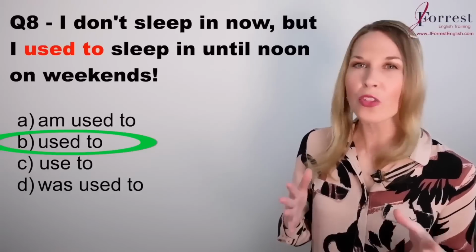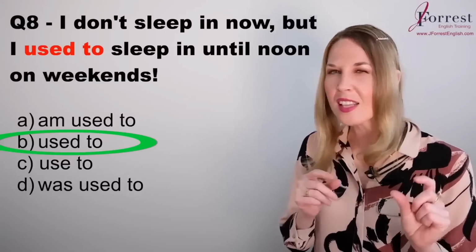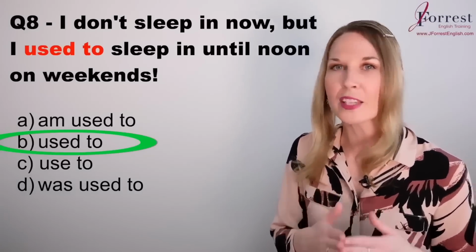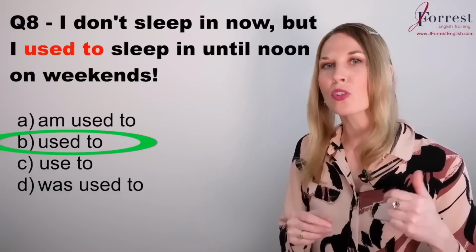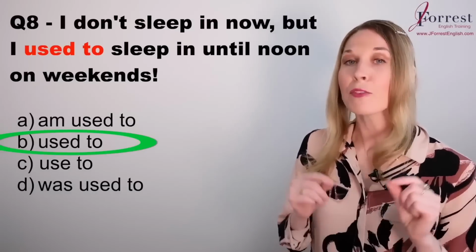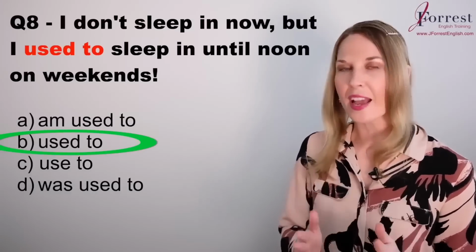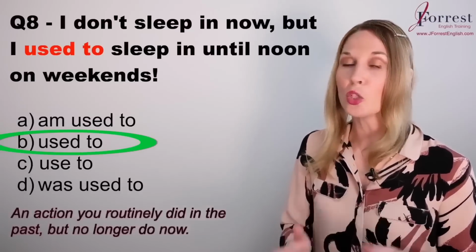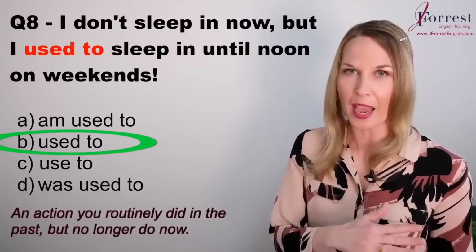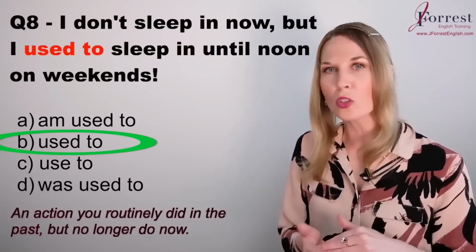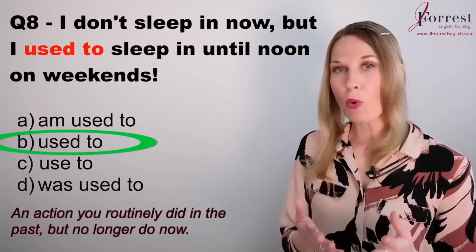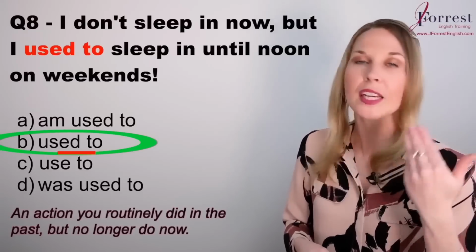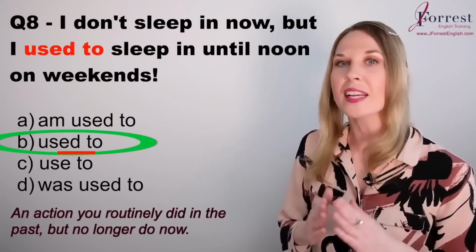Now notice all the options are slightly different sentence structures, and they're all grammatically correct if you use the correct meaning. But for here, we're talking about an action that used to take place in the past. So an action you routinely did in the past, but you no longer do now. And for that, we need use with a D. You don't hear it in pronunciation, but it's there in spelling.